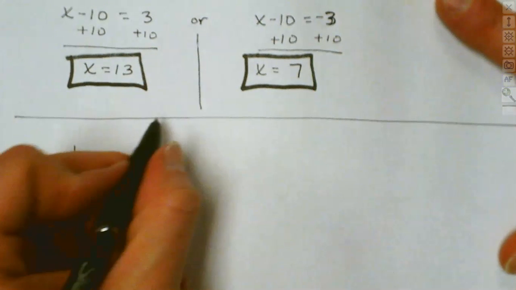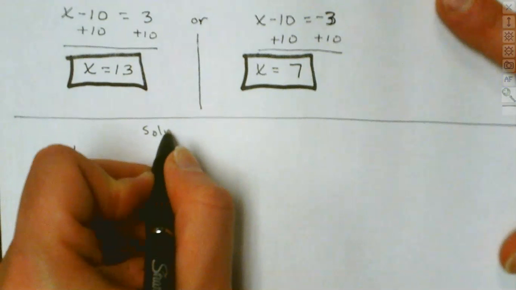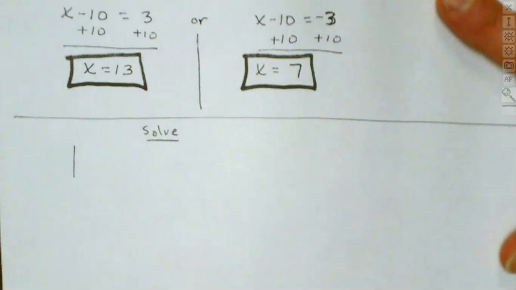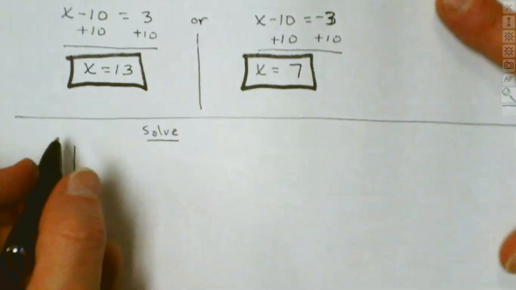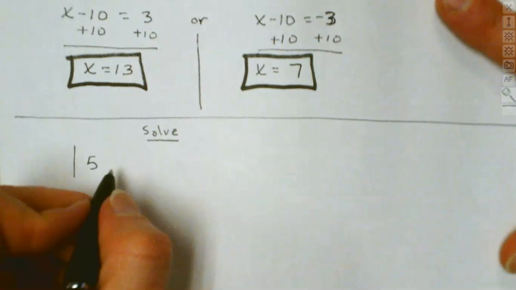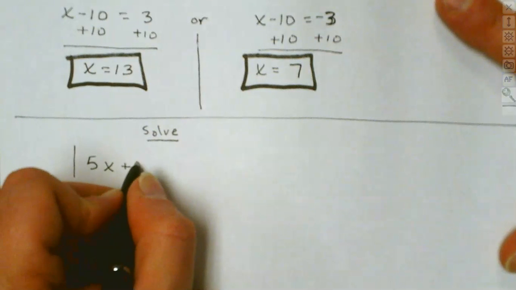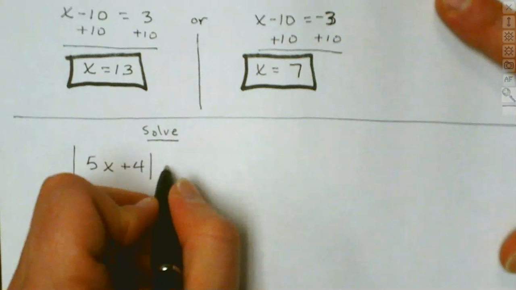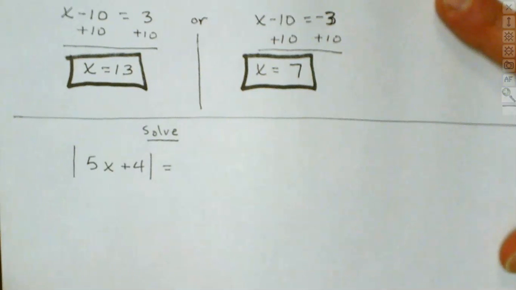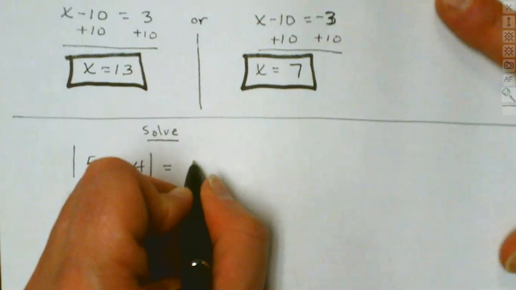Okay, let's solve one more of these and we'll change them a bit. So let's solve one more. How about the absolute value of 5x plus 4 equals 9.